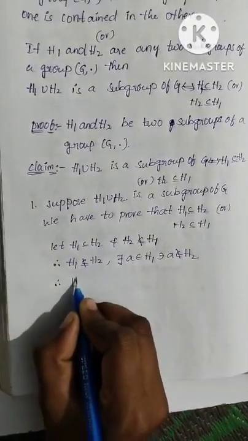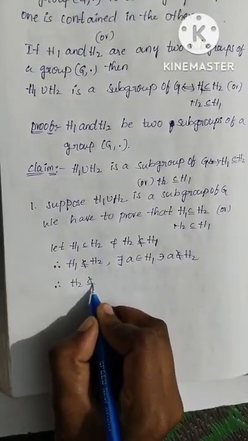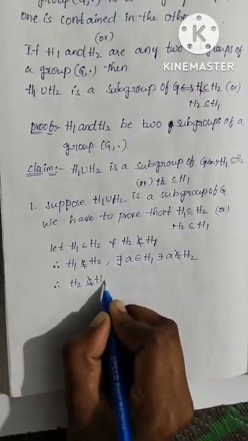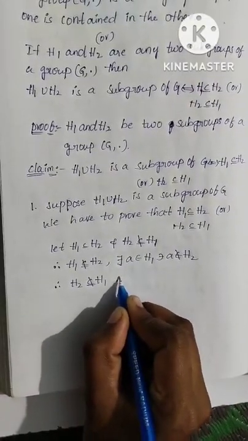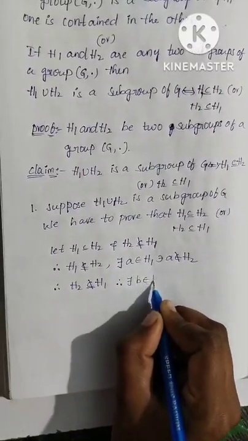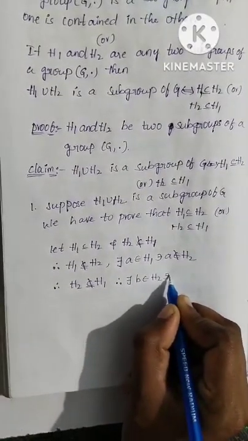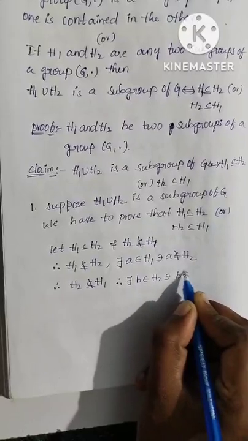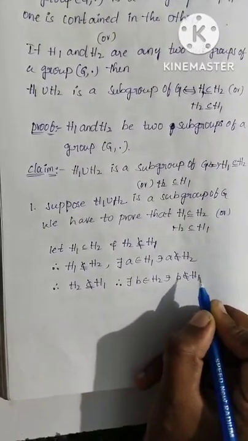Since H2 is not a subset of H1, there exists B belongs to H2 such that B does not belong to H1.